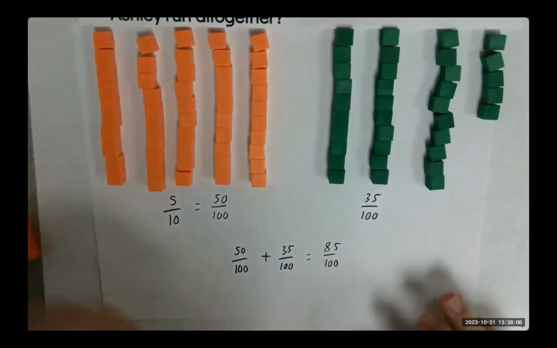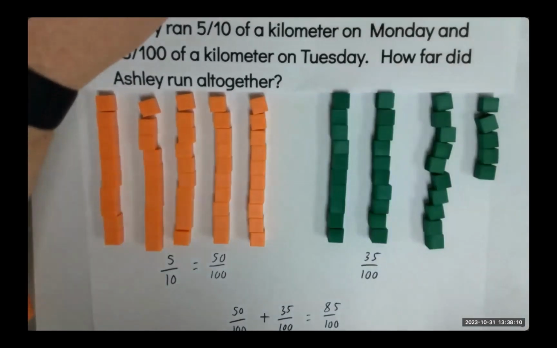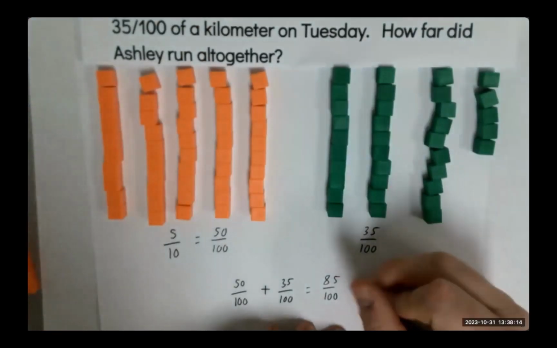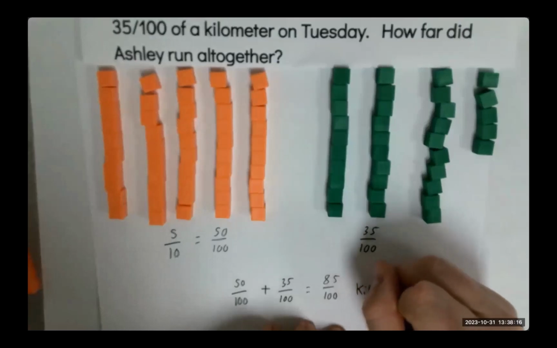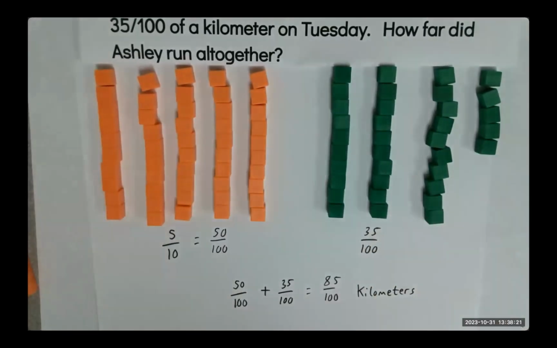So going back to our problem, it says, how far did Ashley run altogether? Altogether, Ashley ran 85 hundredths kilometers. And that's our final answer.